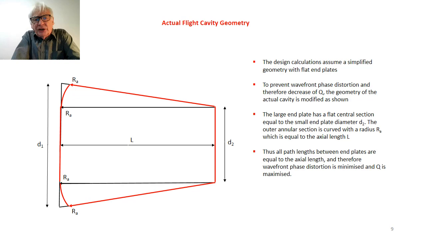It does create a small error in the result, but not a particularly significant one. So when you go from the spreadsheet design to starting to draw up the cavity itself on your engineering drawings, then clearly you have to take this curvature of the annular section of the large end plate into account and maintain the radius RA.